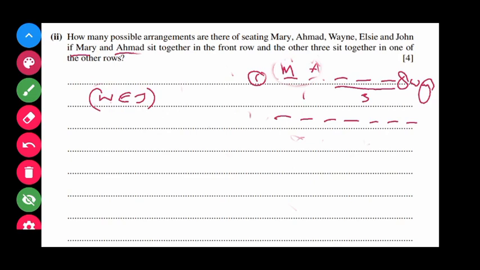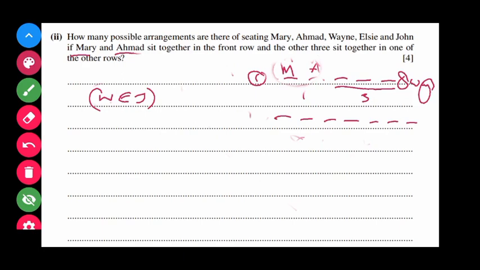And they sit together in any one of the other rows. They may sit in second row or third row or fourth row, etc. They may sit in the 8th row also. Okay, let's find how they sit in one row.